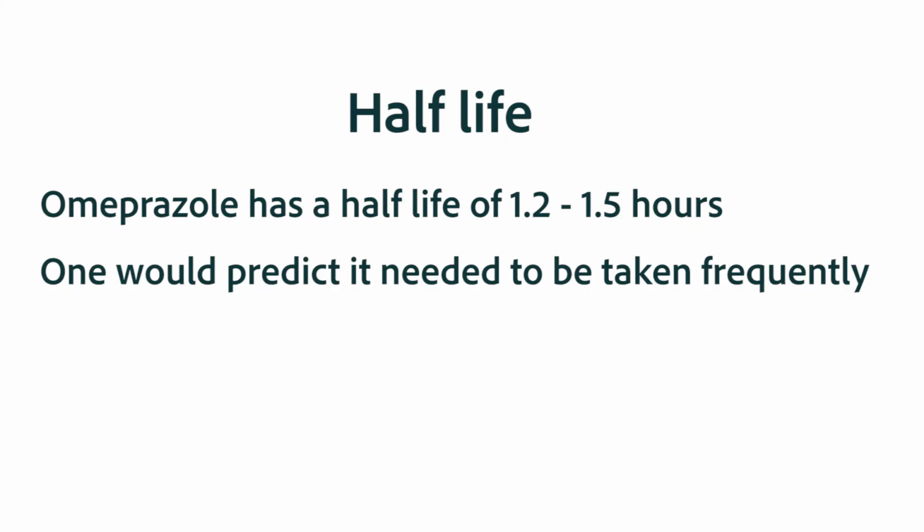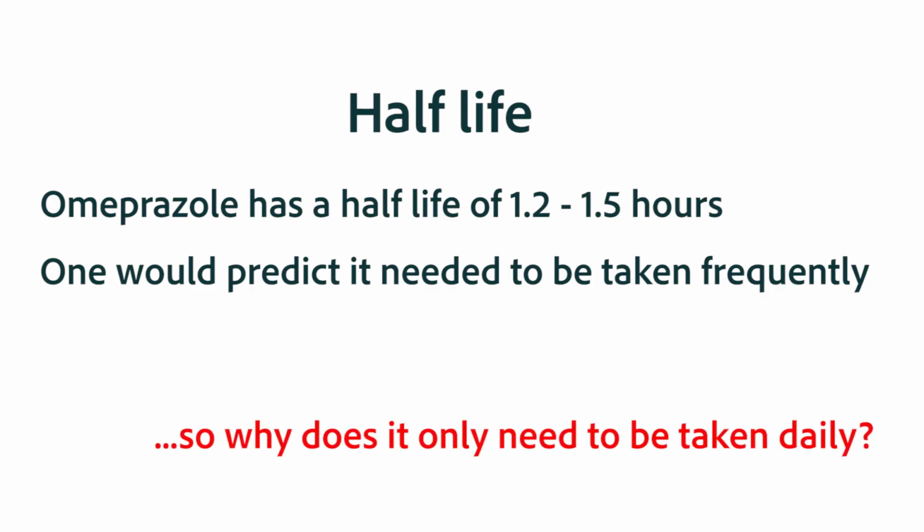But omeprazole and other proton pump inhibitors only need to be taken as a daily dose. So how could that be possible? I'll let you think about that question as well, and we'll come back to it in the Applying Your Knowledge quiz coming up.